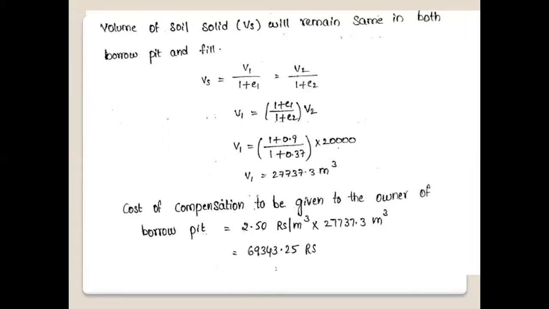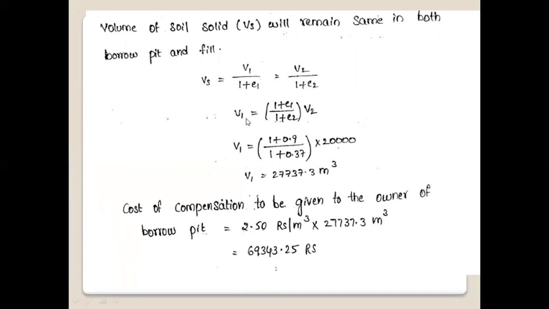Next, the volume of soil solids will remain the same in both borrow pit and fill. So volume of solids equal to V1 divided by 1 plus E1 equal to V2 divided by 1 plus E2.